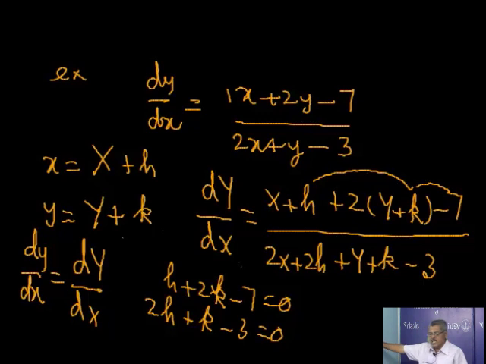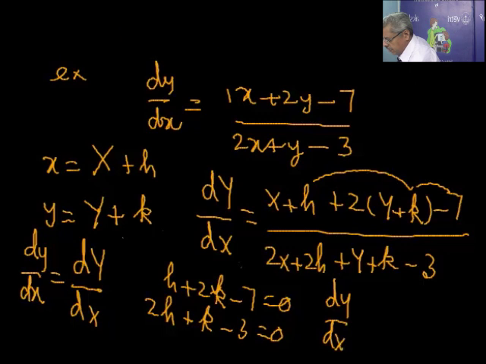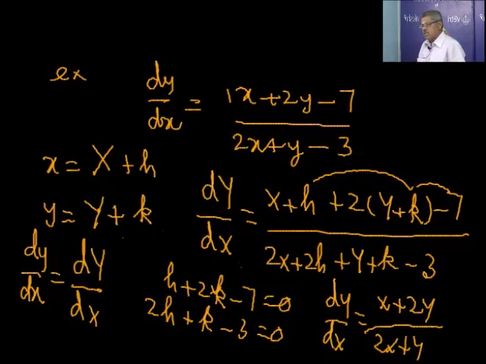Constant terms I am equating to 0. Then automatically you get dY by dX as (X plus 2Y) divided by (2X plus Y). Because we are equating all constant terms to 0, we find h and k accordingly.